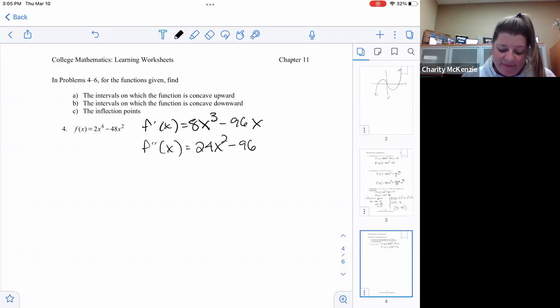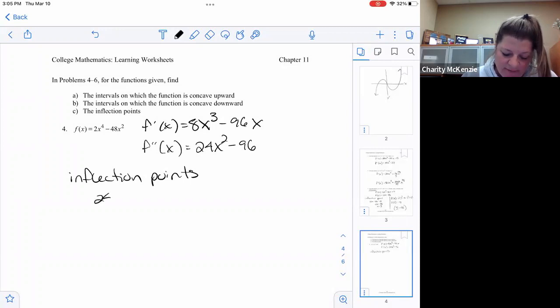Okay, then we have to find where does that equal 0? This is for our inflection points, because it's of the second derivative. So 24x squared minus 96, where does that equal 0?